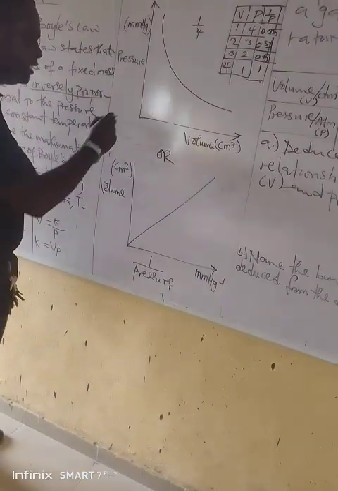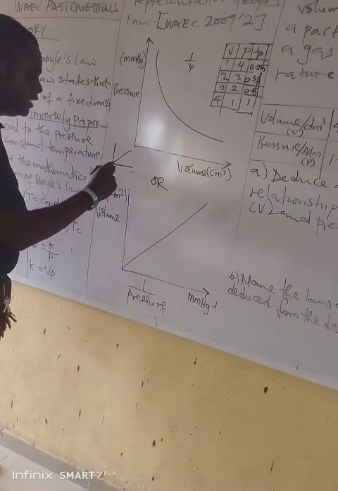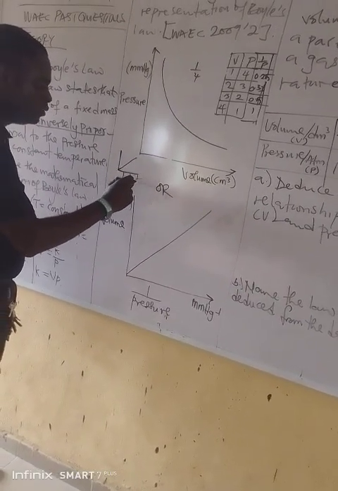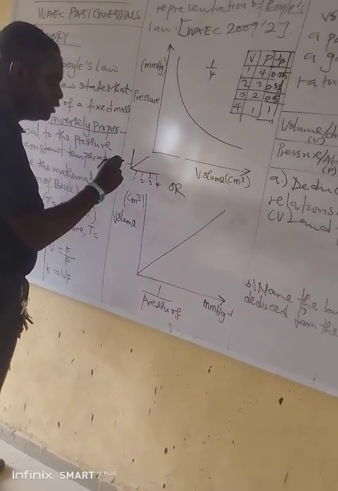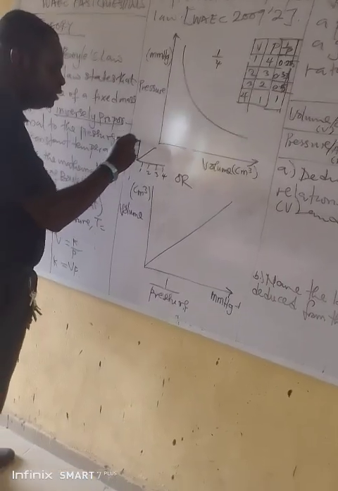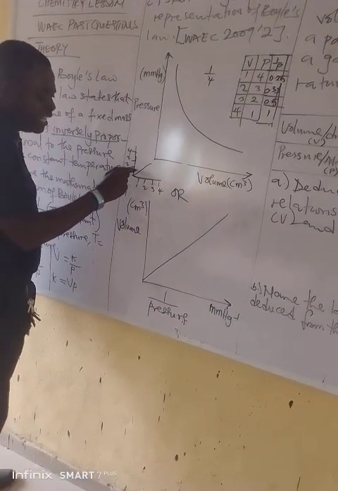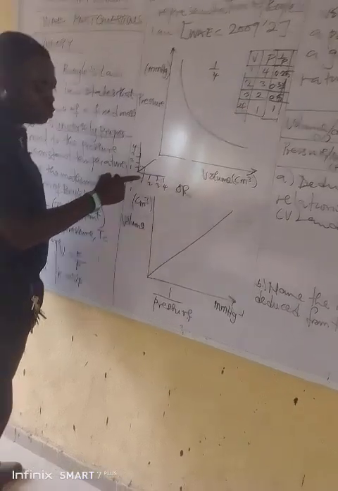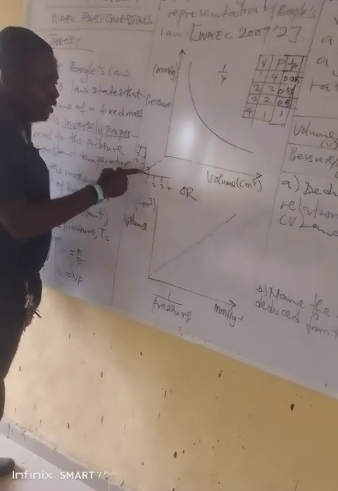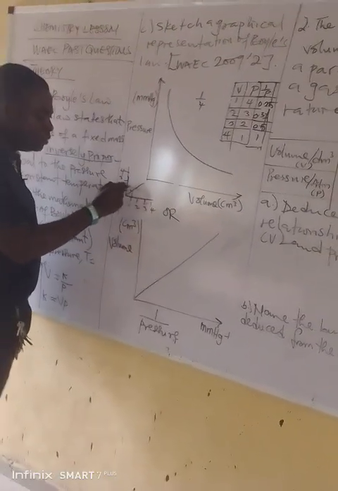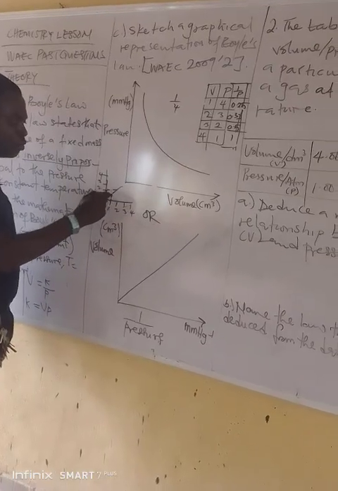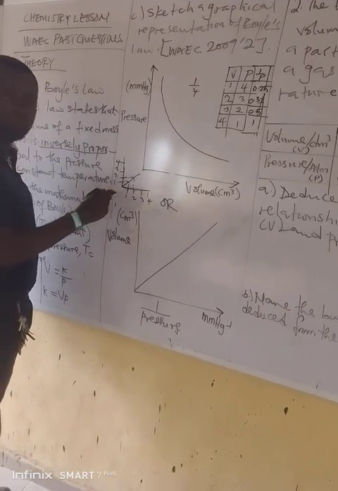So if we have something like this, let's say this is 1, 2, 3, 4. This is 1, 2, 3, 4. So if from this is 1, if I try it to touch this curve, it will also touch 1. So if I increase from 1 to 2 to touch the curve, this one will also increase from 1 to what? To 2.